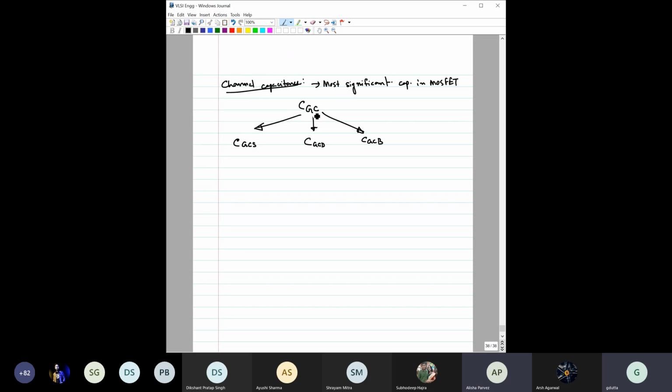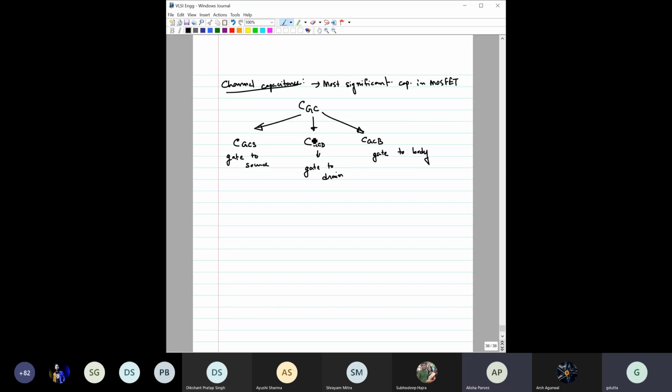This is the gate to channel capacitance component which would be between gate and source. From the same token, this is between gate and drain, and this is between gate and body, right?